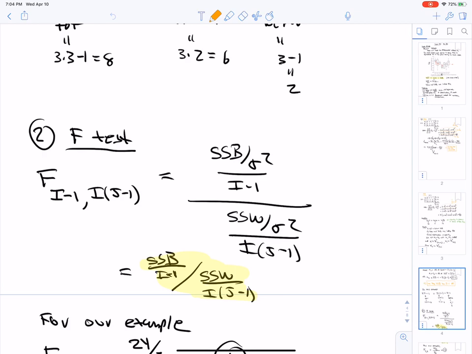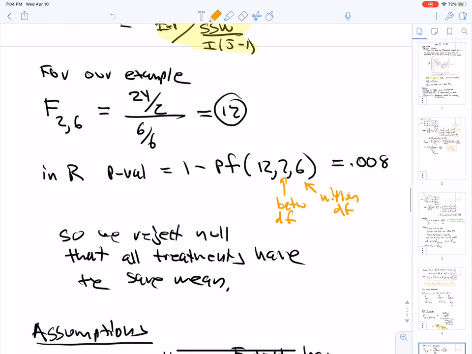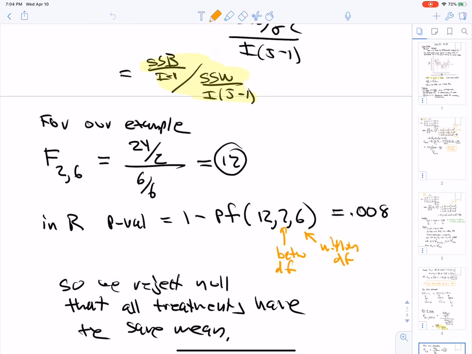And so in our example, we get 24 over 2 divided by 6 over 6, which is 12. We can compute the p-value of this. This is a one-sided test. So it's 1 minus PF(12, 2, 6). That's 0.008. So we would reject that all the treatments have the same mean, let's say with alpha is 0.05.